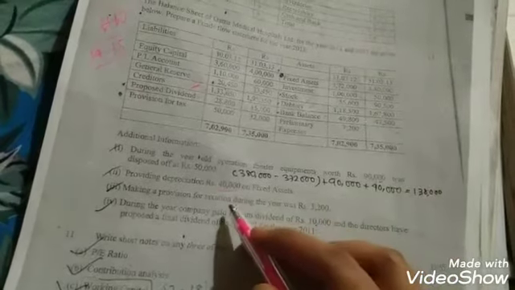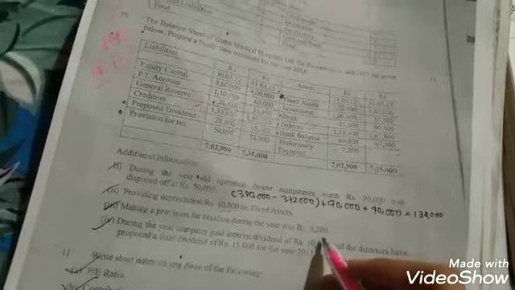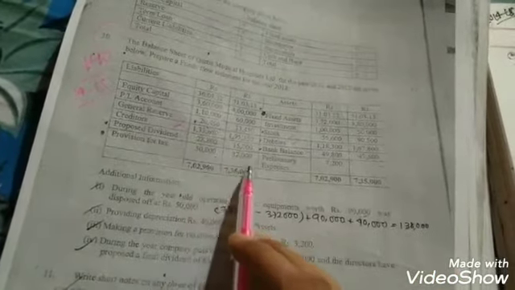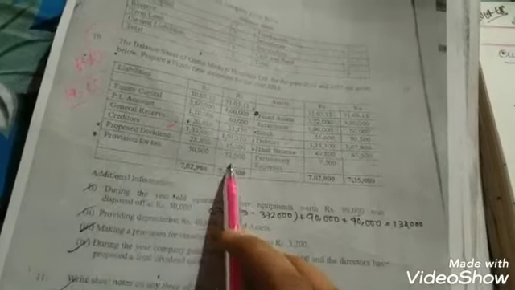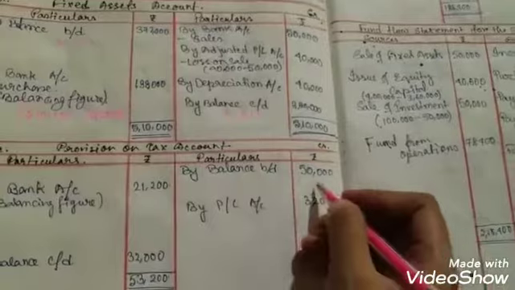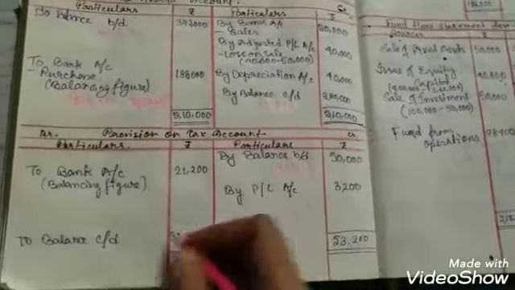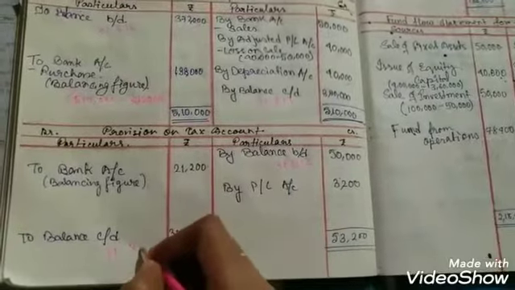Next, provision for tax during the year 3,200. Provision for tax for 2012 50,000, 2013 32,000. It is debit side, so by balance BD. In credit side, by balance BD 31st 3/12 50,000 and to balance CD 31st 3/13.